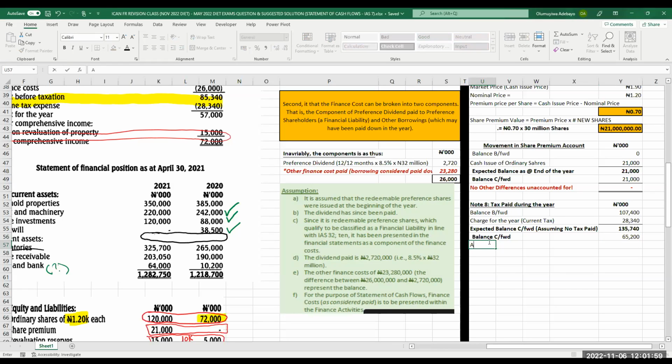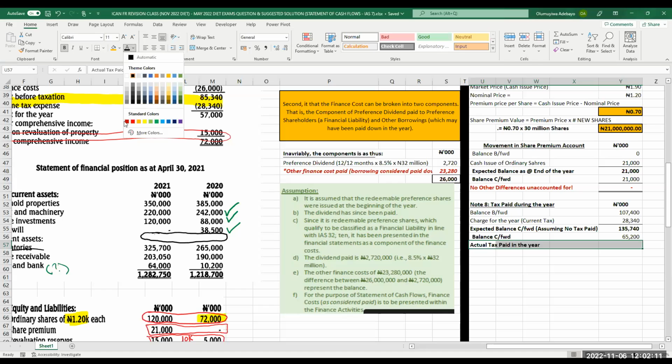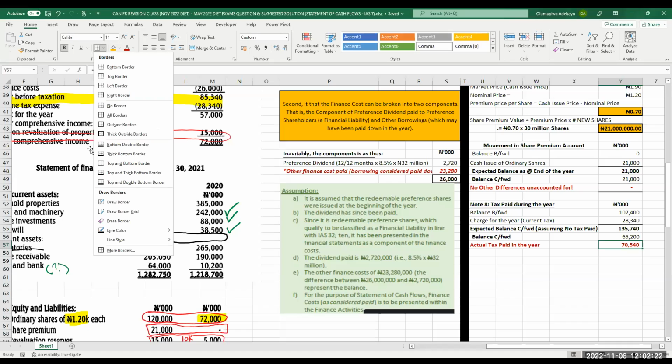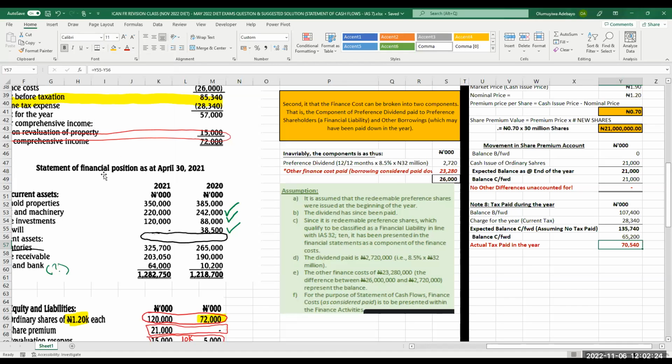Therefore, the actual tax paid in the year amounts to what? 135,740 minus 65,200. That should give me 70,540.